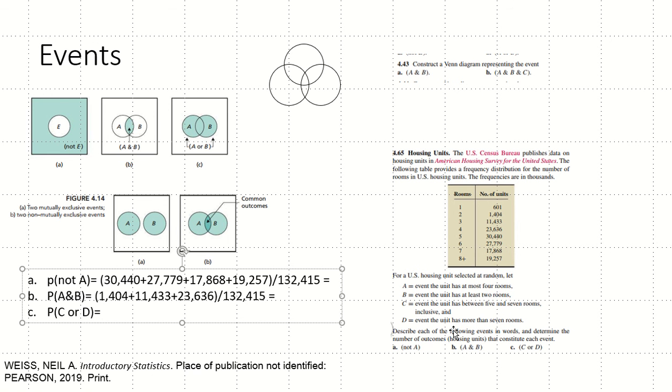And D is the event that the unit has more than 7 rooms. Since it's either-or, it's all that satisfies C and all that satisfies D.